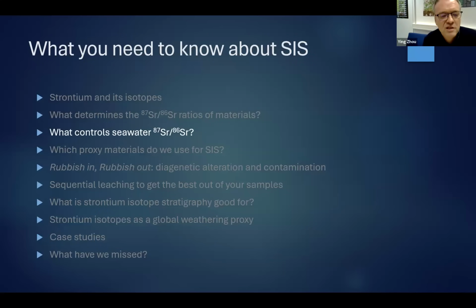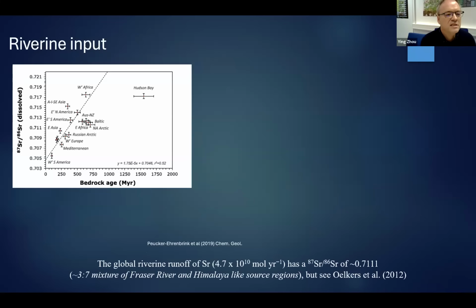So then, what controls seawater strontium? Well, a lot of it will depend on the weathering of that rubidium-enriched radiogenic crust. And here we can see, unsurprisingly, that there is a reasonably good relationship between the strontium isotopic ratio of the dissolved load going into the ocean and the age of the bedrock undergoing weathering.